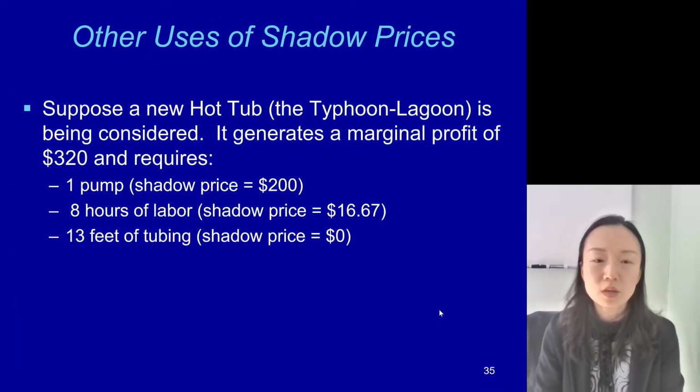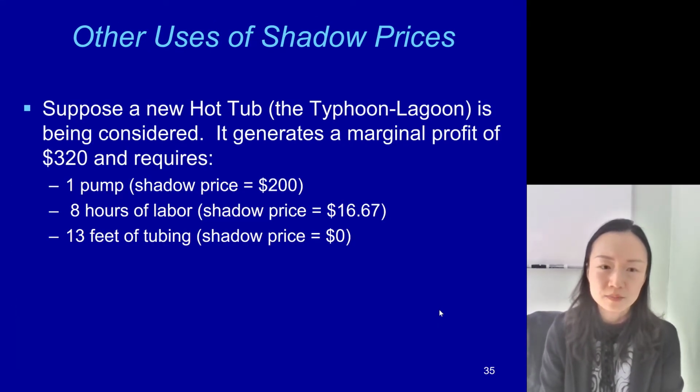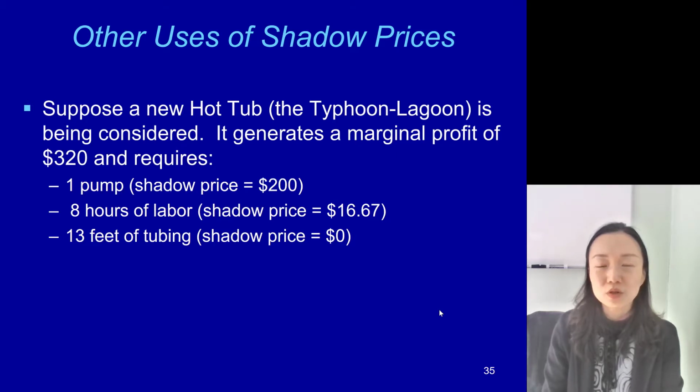Okay, so some other use of shadow price. Here is one problem I'd like you to think about. Suppose we have a new hot tub, the third type the company is trying to develop, and it generates a marginal profit of $320. When we say it's a marginal profit, it means it already takes into consideration all the costs, like the pumps, everything.